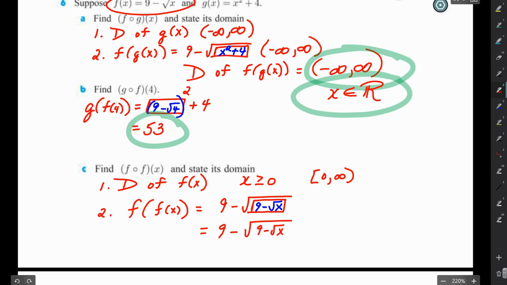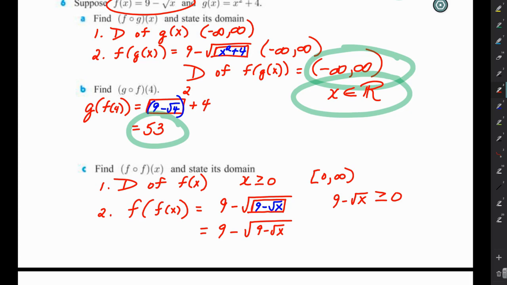Okay, so inside this radical here, this value has to be greater than or equal to 0. So let's just set up an inequality so we could try to figure this out. So 9 minus root x has to be greater than or equal to 0, right?